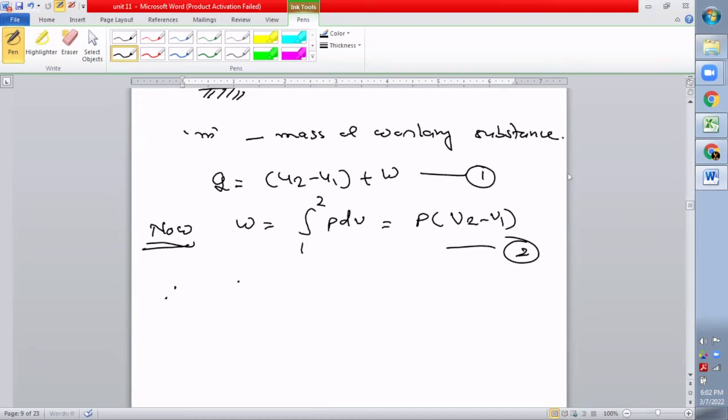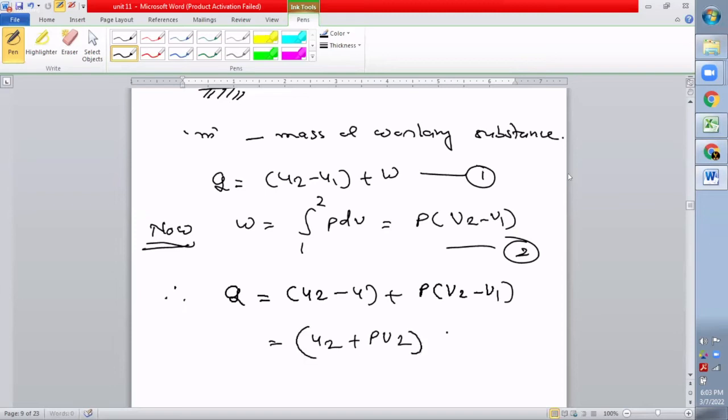So in this case, Q is equal to U2 minus U1 plus P(V2 minus V1), or we can say it is nothing but U2 plus PV2, minus U1 plus PV1.